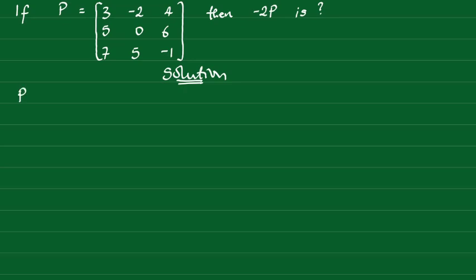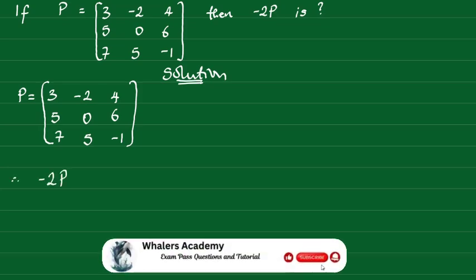We have P equal to the bracket (3, -2, 4, 5, 0, 6, 7, 5, -1), all within a bracket. Therefore, we're asked to look for the value of -2P.